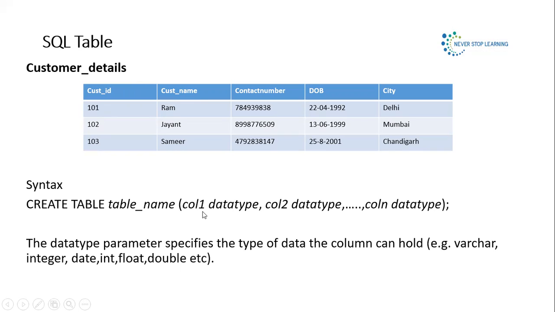So for example, first column, data type, so customer ID. Now data type is the parameter that specifies what type of data your column can hold. It can hold an integer value, a floating point number, a double number, or a date, a temporal data type. All those data types I will explain in the next video series.